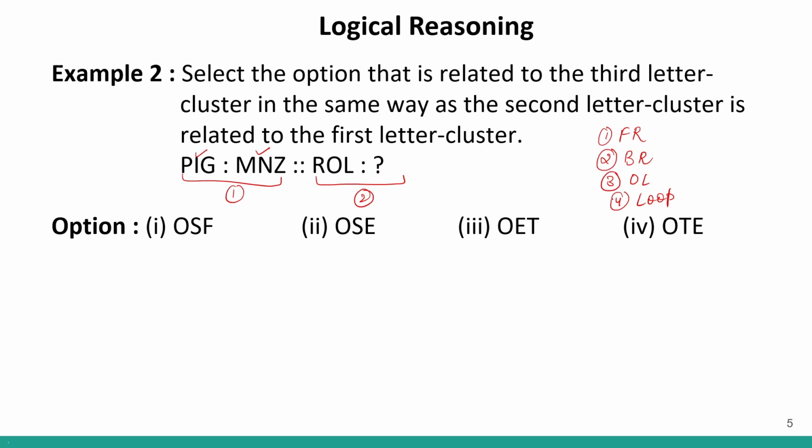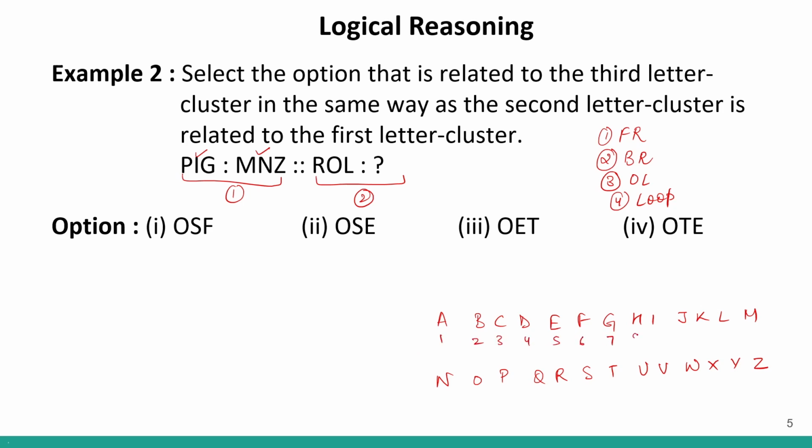If you remember the forward ranks, good, but if you don't remember, let me quickly write them. A, B, C, D, E, F, G, H, I, J, K, L, M, N, O, P, Q, R, S, T, U, V, W, X, Y, Z. And if I give them forward ranks, it will be 1, 2, 3, 4, 5, 6, 7, 8, 9, 10, up to 26.